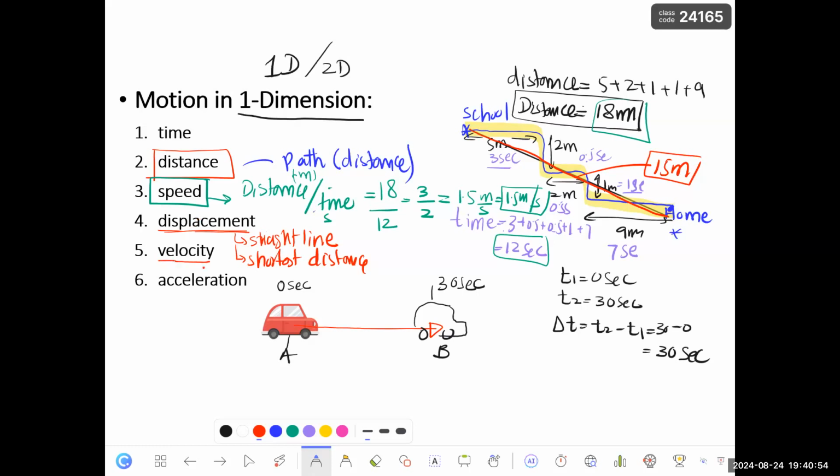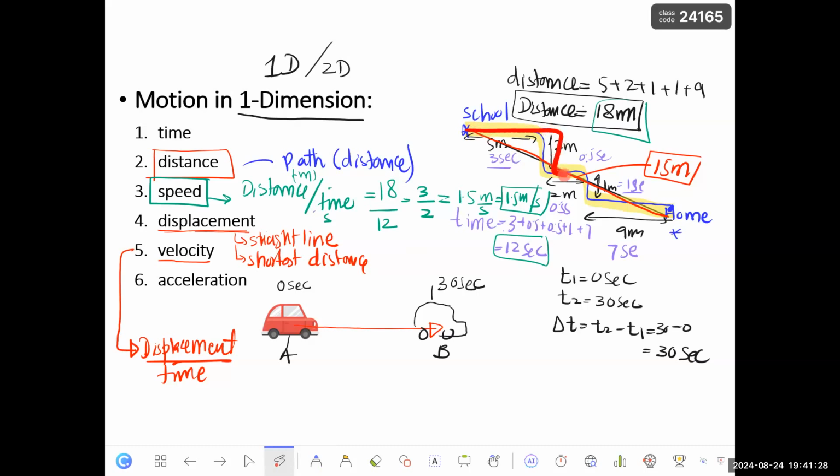And what is the velocity? Velocity is displacement over time. Since it took a straight line, to draw the straight line you also need a different time. If you drive by road, you go this way.